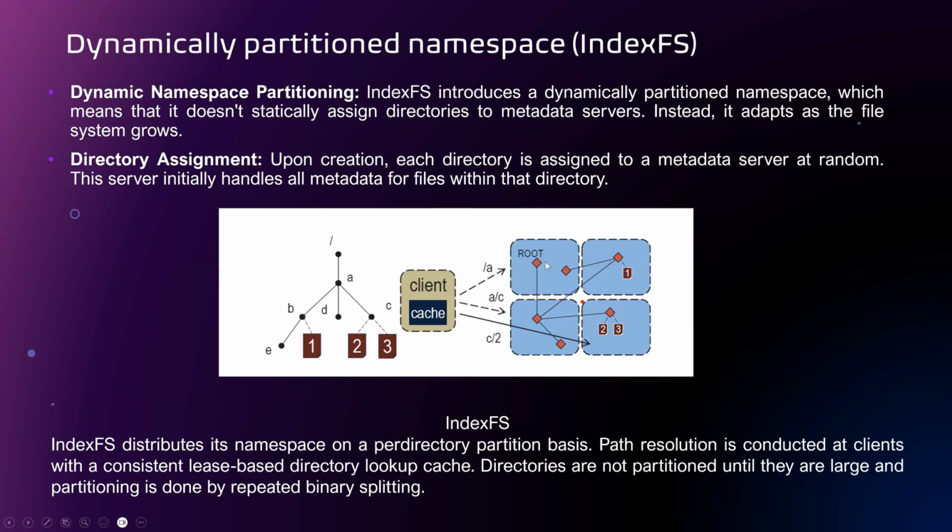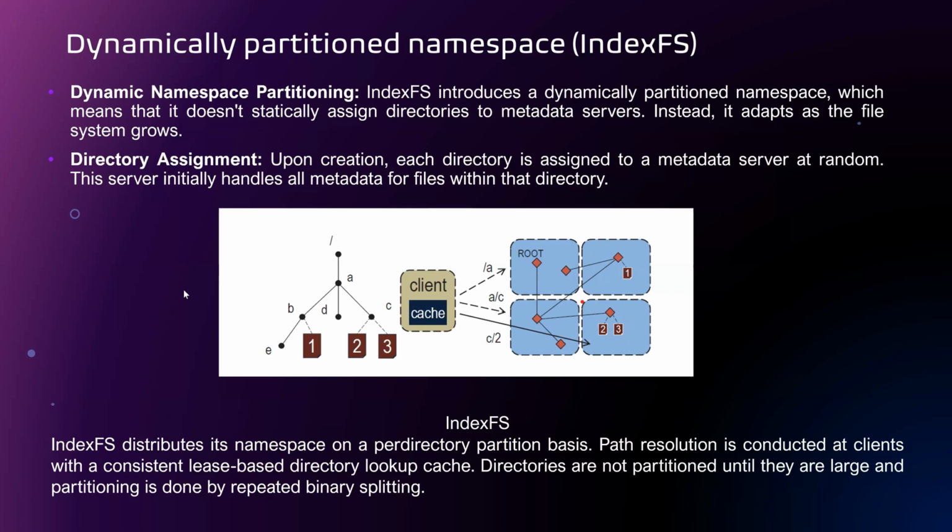But if there are any files within that directory, they will be organized within that same metadata server. Here, 2 and 3 under this directory are in the same partition, which is the same server. So whatever files are within a particular directory will be inside the same server. IndexFS distributes its namespace on a per-directory partition basis.